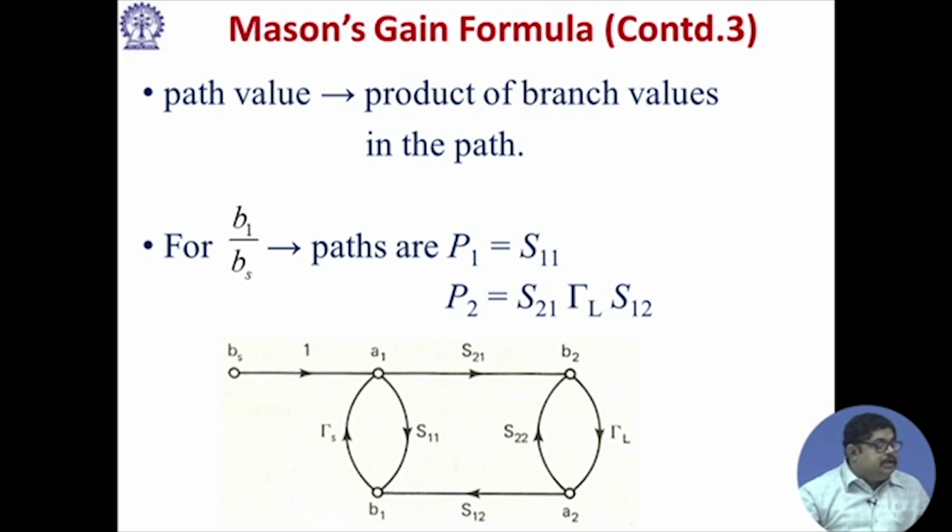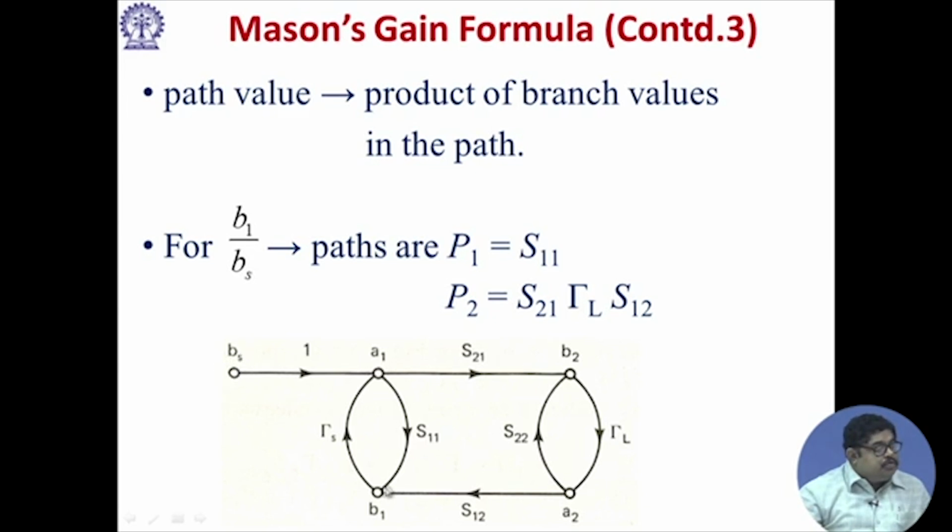Now, let us take this example, that suppose we want to find B1 by Bs. Though it is written as Bs, actually it is As, because it is an incident wave.